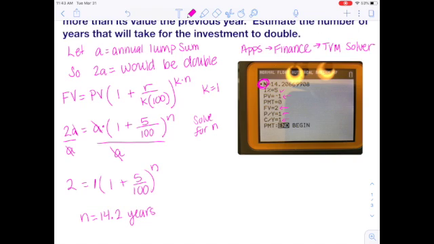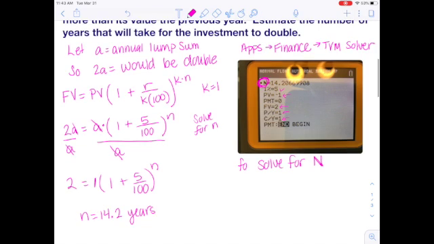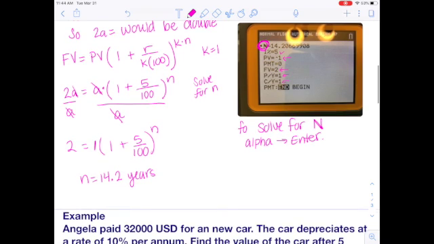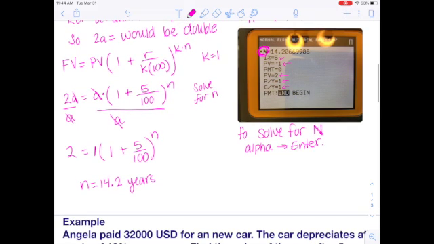And then when you have everything entered, hit up to the N, and then make sure you use alpha and enter to solve for N. It's kind of like a bolded N. And that 14.2 should pop up.